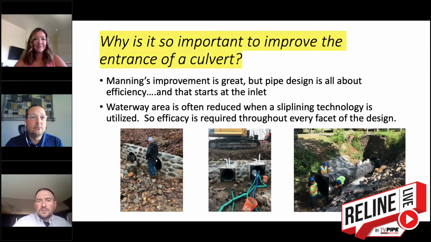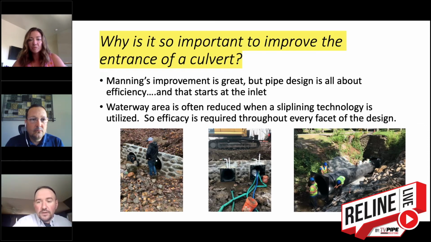All right. So again, for a long time, everyone thinks smoother is better, and that is true to a sense. Smooth pipe is good. There's a lower Manning's coefficient. So typically when we're talking high-density polyethylene or smooth wall pipe, you're down in the 0.009 to 0.012 range, and therefore you can often decrease the size of the pipe and still maintain similar flows.